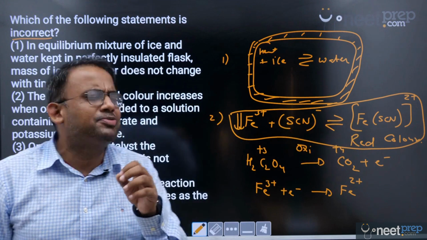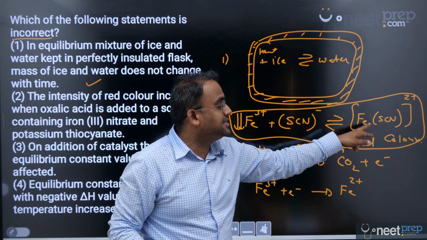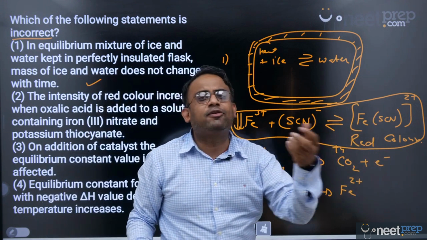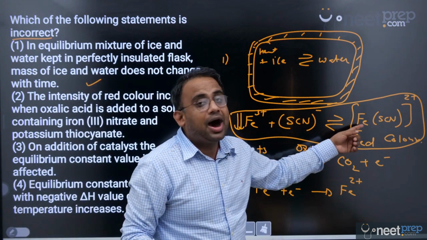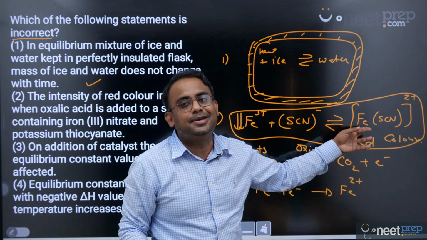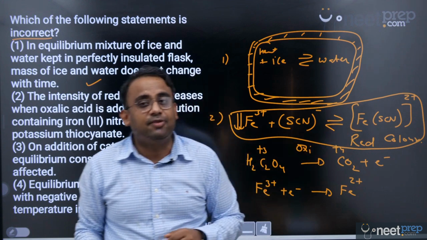Now if this equilibrium shifts backwards, the number of FeSCN2+ ions will reduce, and the intensity of red color will also reduce. More intense red color is due to higher concentration of this ion. But as it shifts backward, the concentration of this ion will decrease.